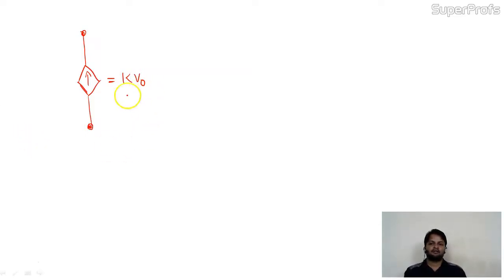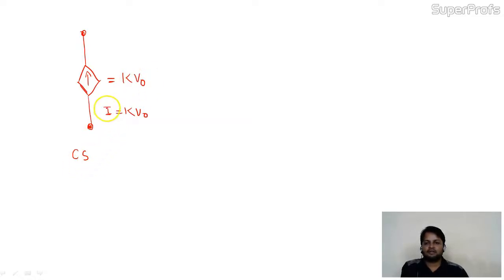So this source is the current source. Why current source? Because of this arrow inside the diamond. So this is definitely the value of some current.